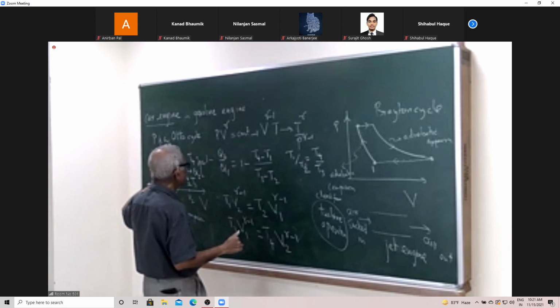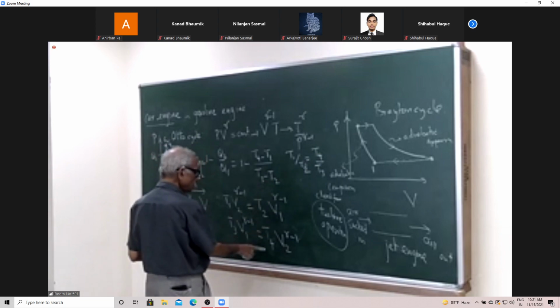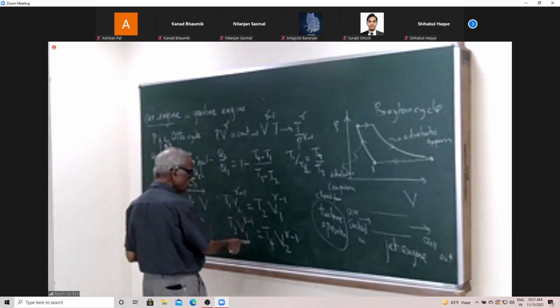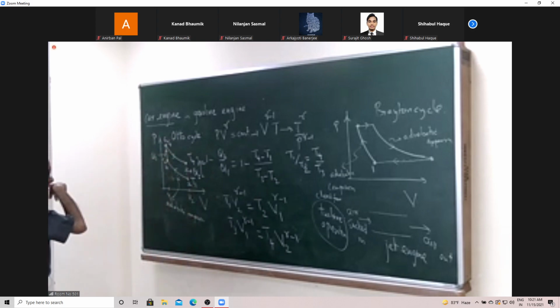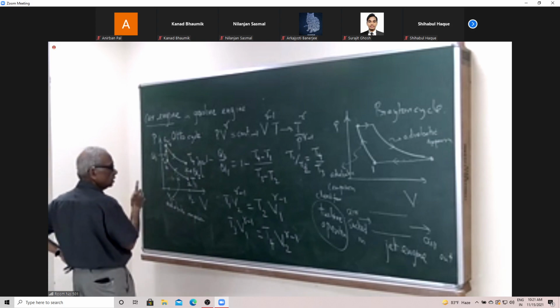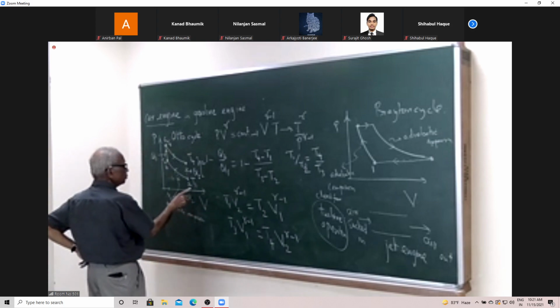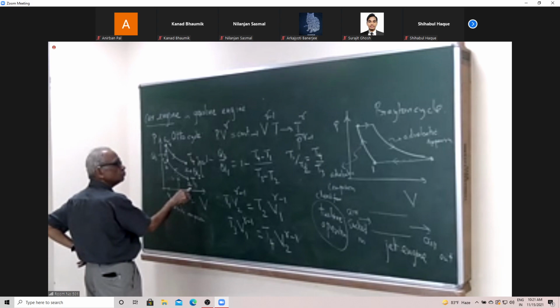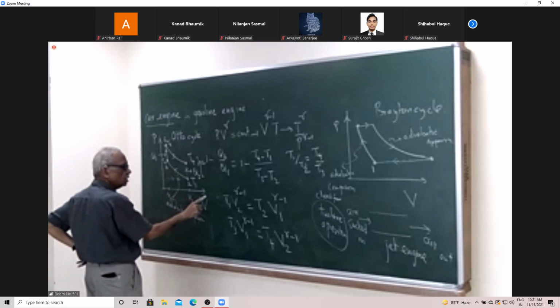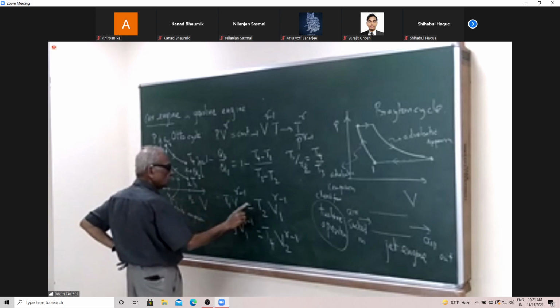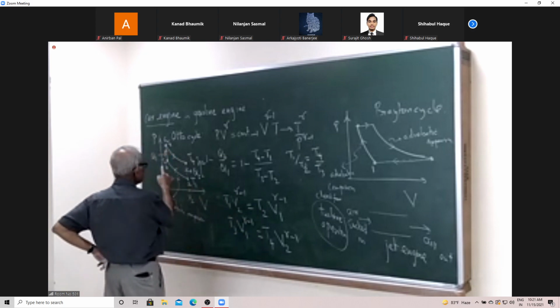So T4 by T3 is V1 by V2. So it is T1 V2 to the power gamma minus 1, which is equal to T2 V1 to the power gamma minus 1. And V1 is smaller, and therefore T2 is larger.